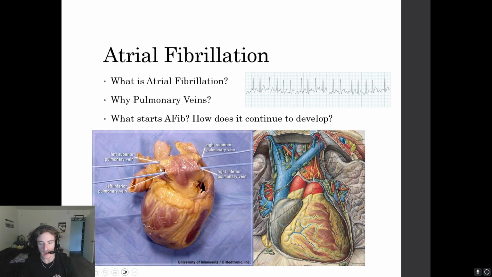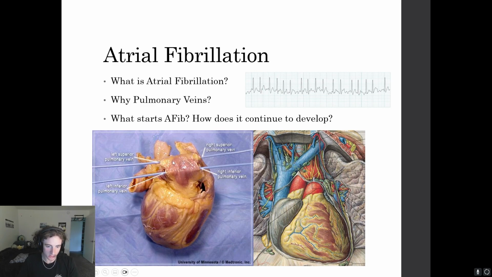This is why pulmonary vein isolation on its own, essentially just ablating around the pulmonary veins, is not enough. You're going to fix the area around the pulmonary veins, but what about all this? This is all getting stretched too.